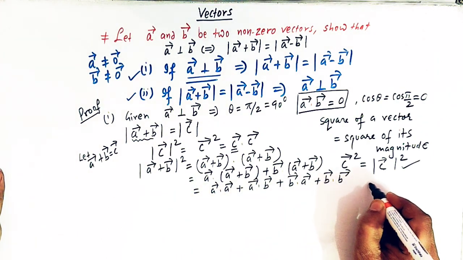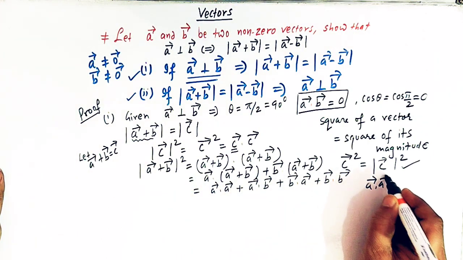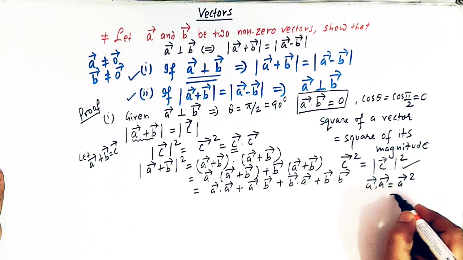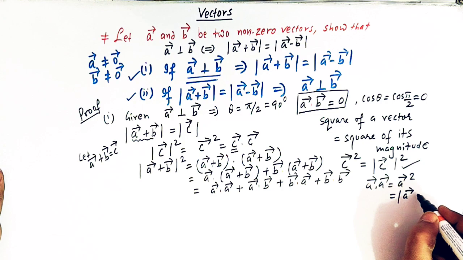Now A dot A is the square of vector A, which is equal to the square of the magnitude of vector A, due to this result, right?